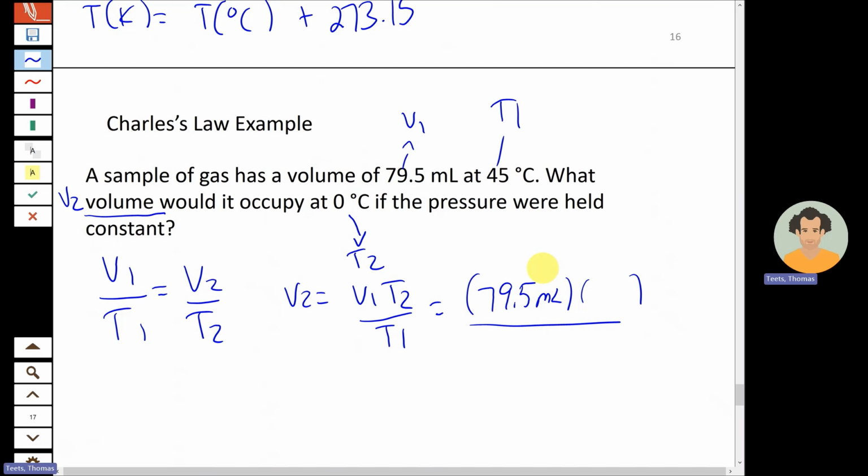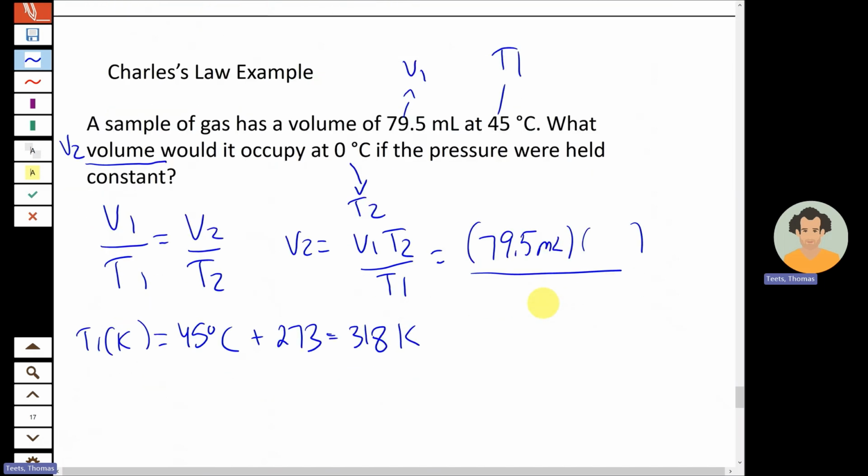All right, so T1 in Kelvin is 45 degrees Celsius plus, it's technically 273.15, but just adding 273 is close enough that 0.15 is not going to change anything in a material way, at least not cause you to get the problem wrong. So 318 Kelvin would be T1 in Kelvin.